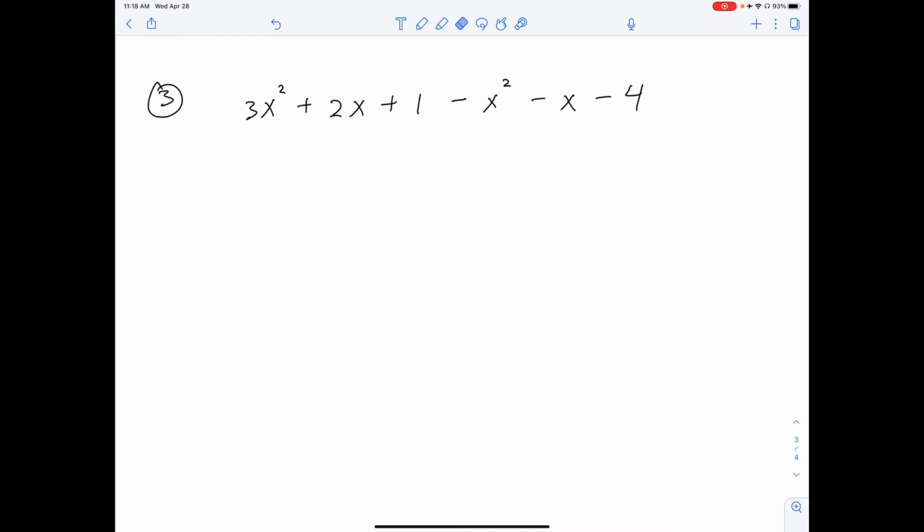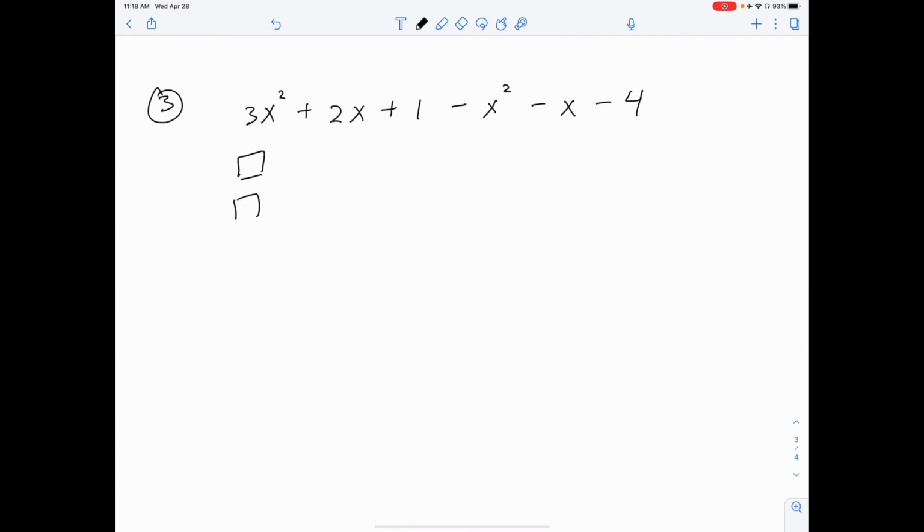For 3x squared, we're going to draw 3 of the x squared boxes, plus 2x, that means 2 rectangles, plus 1 is 1 little box, minus x squared means a big one, and we color that in, minus x, 1 rectangle, color that in, and minus 4 means that we need 4 of these, color those in.